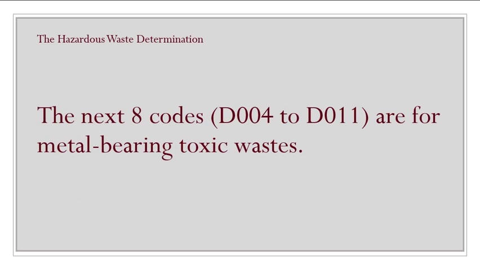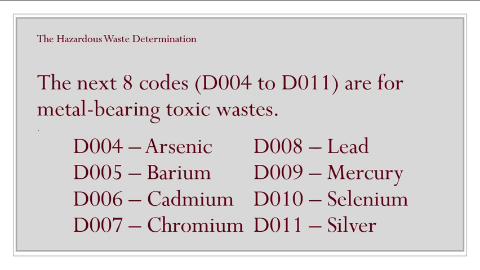So the next eight waste codes, D004 through D011, are for metal-bearing toxic wastes. And these are pretty important because they're very common. So here they are. D004 for arsenic, D005 for barium, D006 for cadmium, D007 for chrome, D008 for lead, D009 for mercury, D010 for selenium, and D011 for silver.